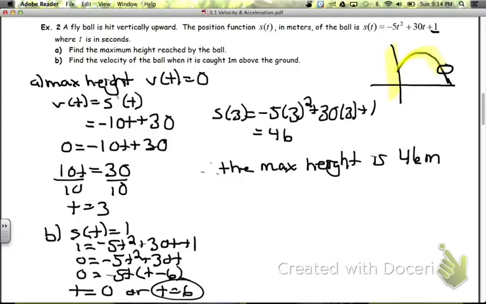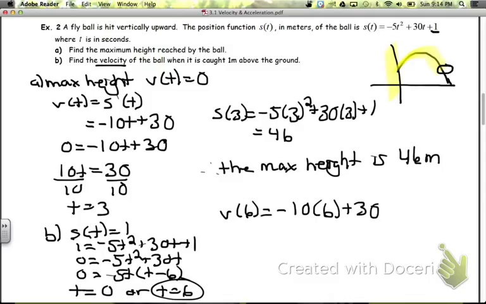I know the ball's caught when t is equal to 6 seconds. Now that I know the ball's caught at 6 seconds, and part B is asking for the velocity when the ball is caught, we take our velocity v and put in 6 for our time to find the velocity at 6 seconds.